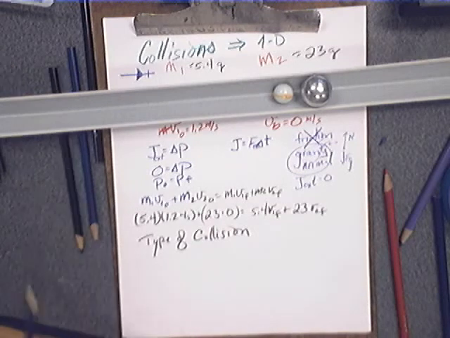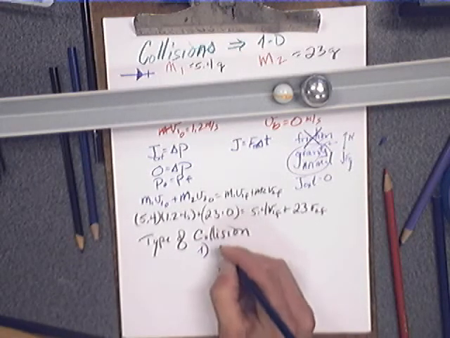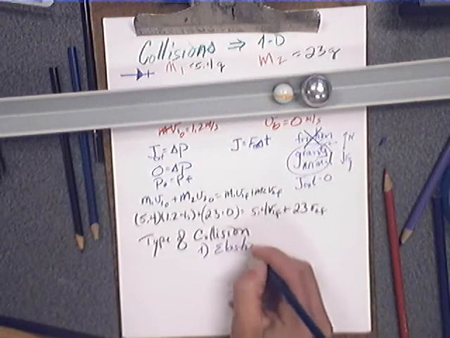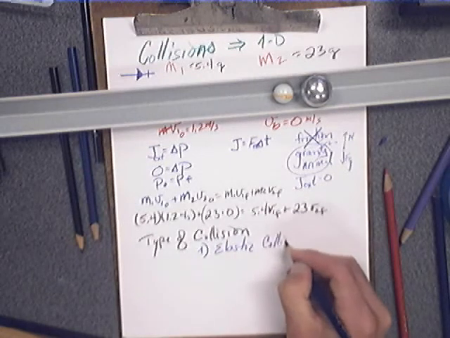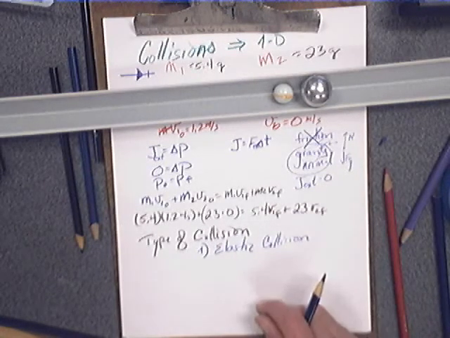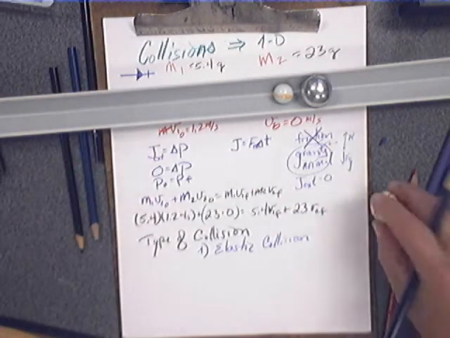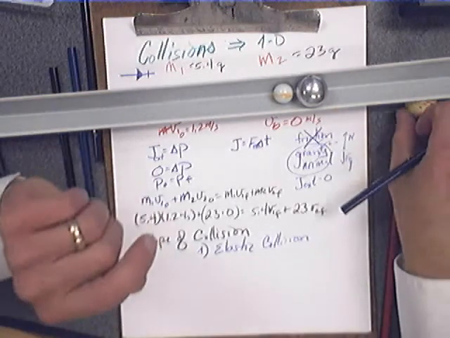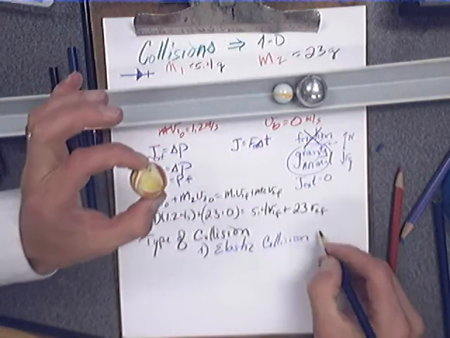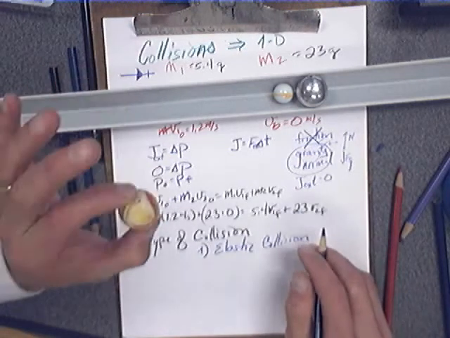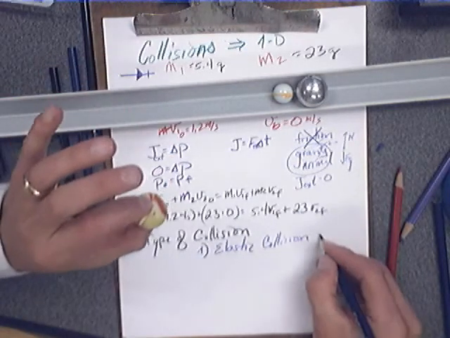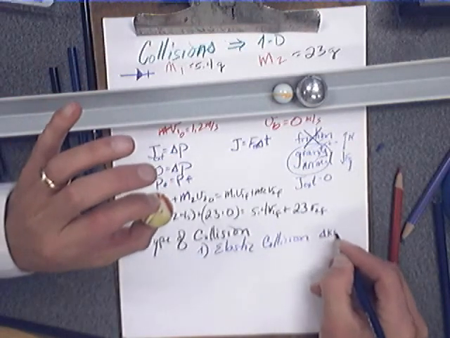There are 2 types of collisions. The first type is known as an elastic collision. You may think of a bouncy ball bouncing up and down, but we're going to be a little more technical. An elastic collision is when kinetic energy is conserved.